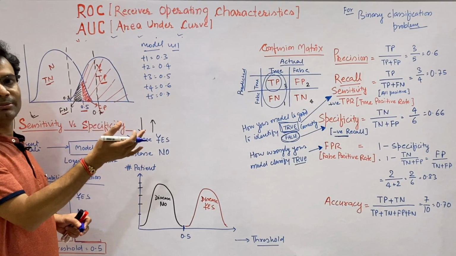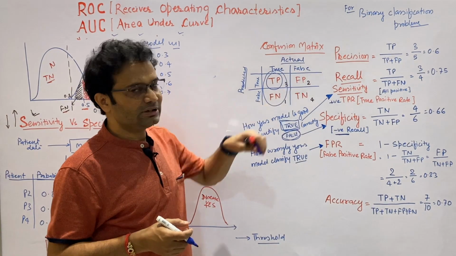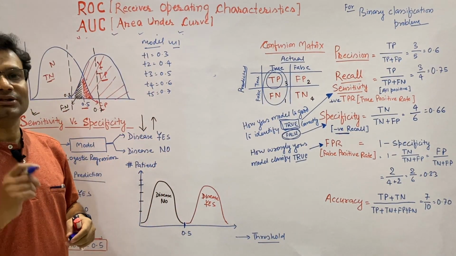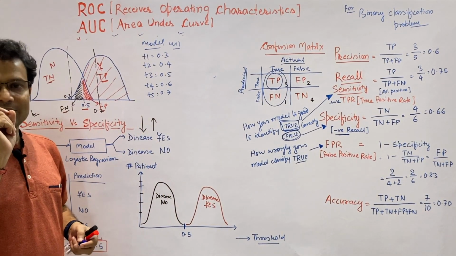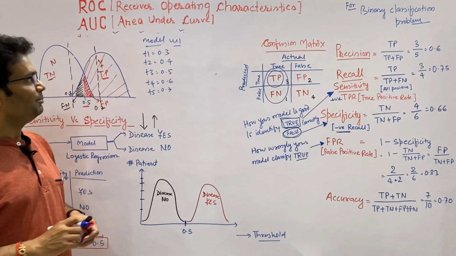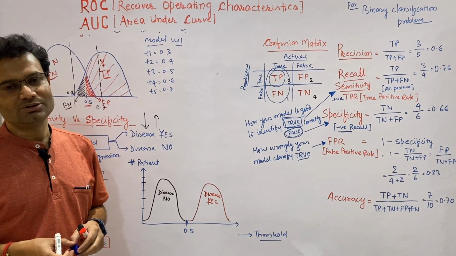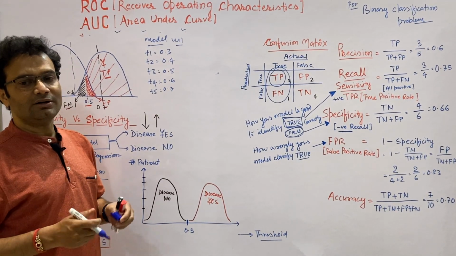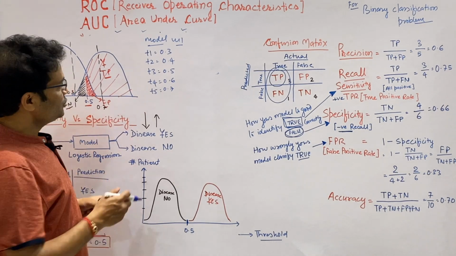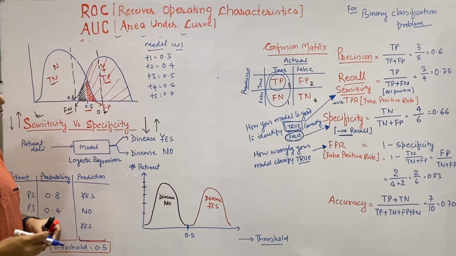When you create the model and find out the accuracy or the precision, actually you are evaluating your model based upon one threshold. But that is not enough. This is not a way to find out the model performance. So you have to check all the possible thresholds.